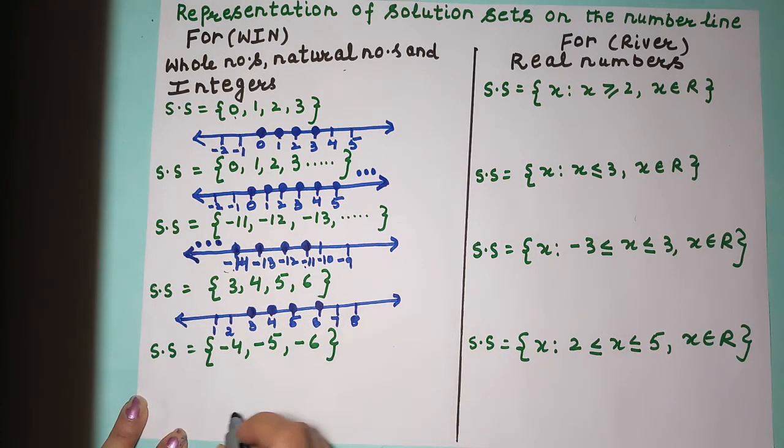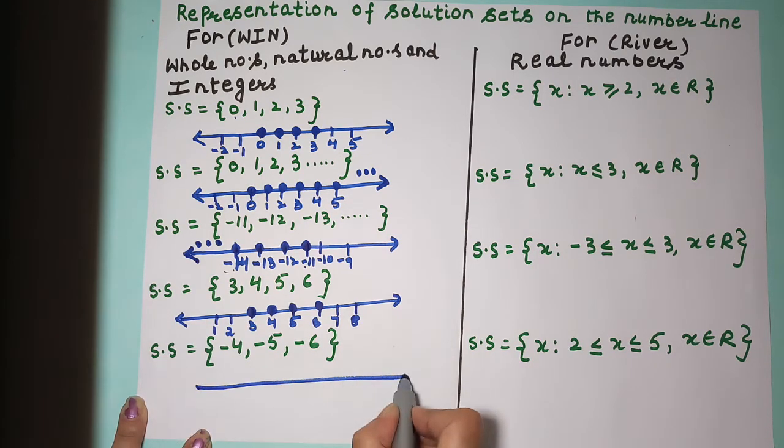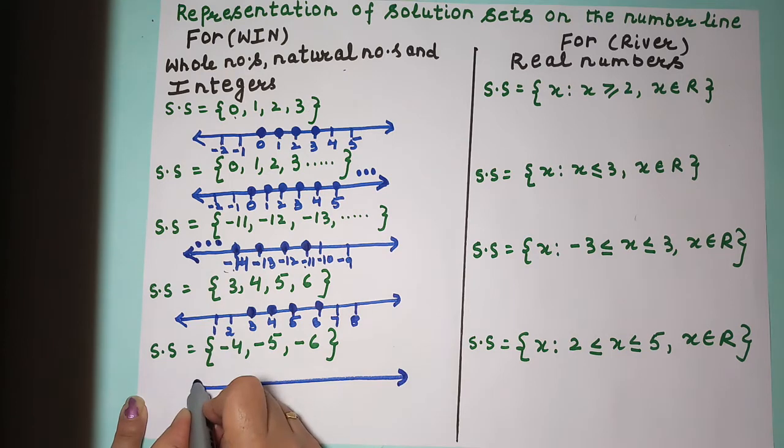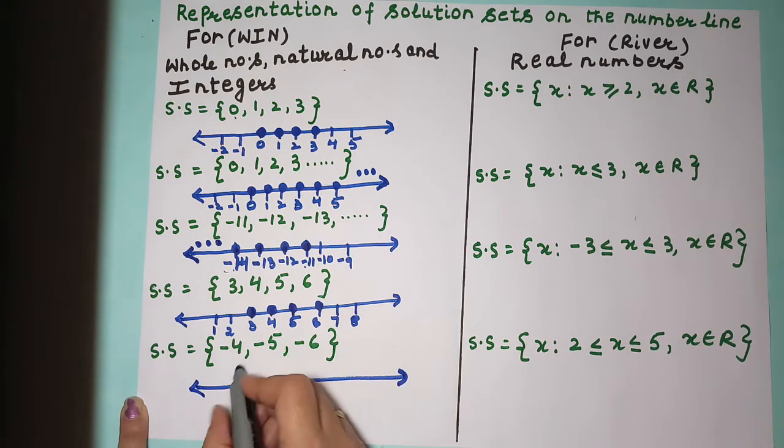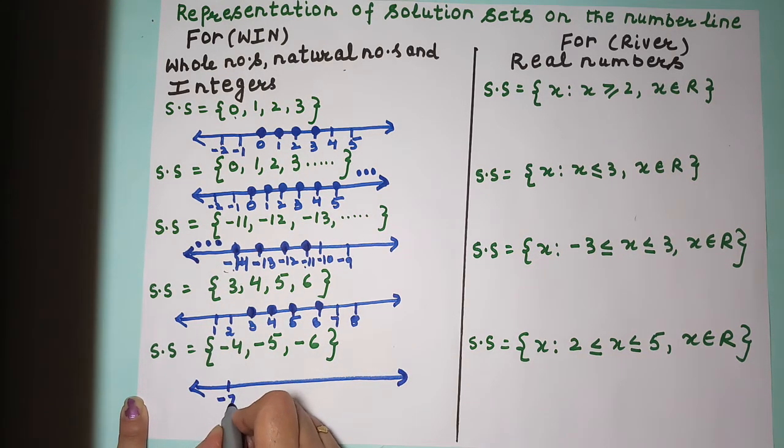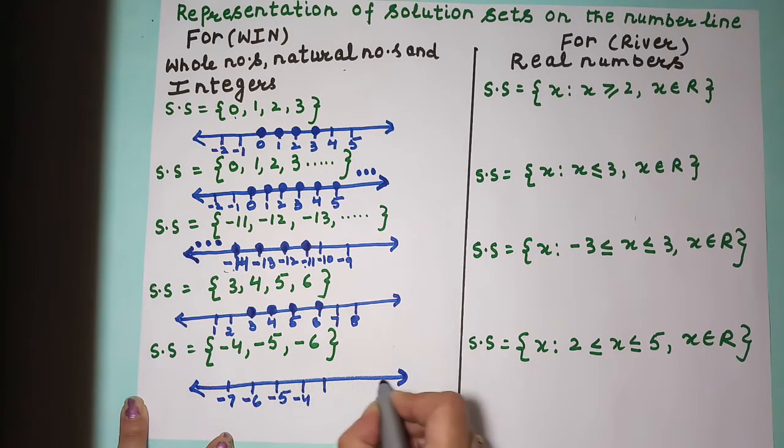Now again, if we have something like this, how do we do it? Draw a line like this, put arrows on both sides of this line. We can have -7, then -6, -5, -4. When we go to this side of the number line, the numbers keep on increasing. That is why -7 is less than -6, -5 is greater than -6, -4 is greater than -5.